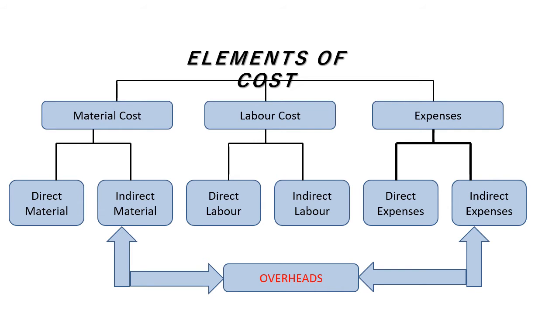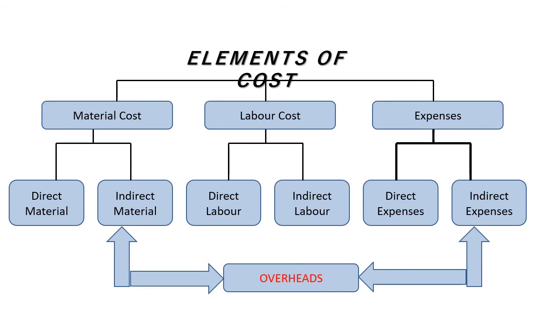First is direct material. Direct materials are those which can be identified in the product and can be measured. The second part is indirect material. Indirect materials are those which do not form part of the finished product. Second element is labor cost. Labor cost is the cost of remuneration of employees of an undertaking.